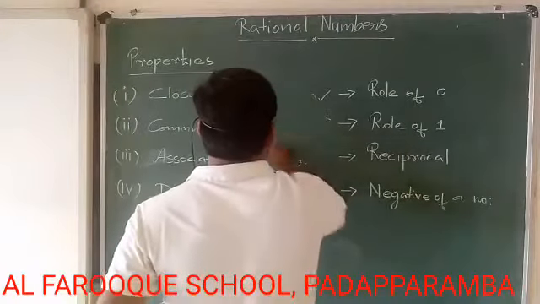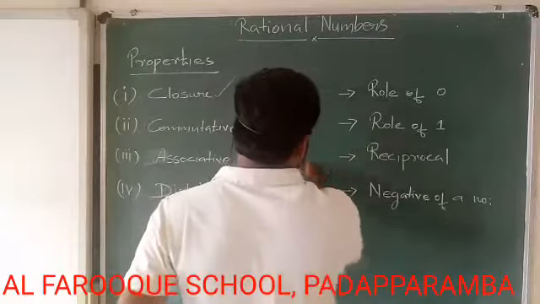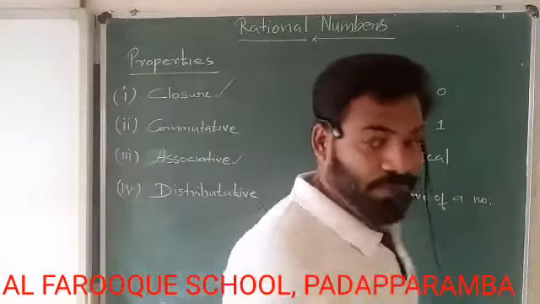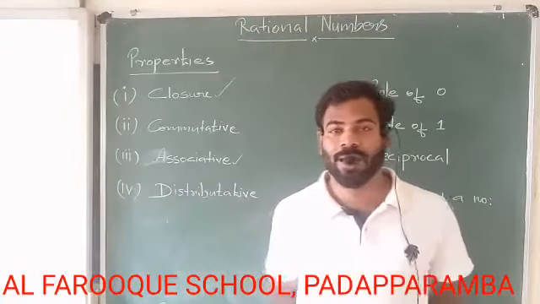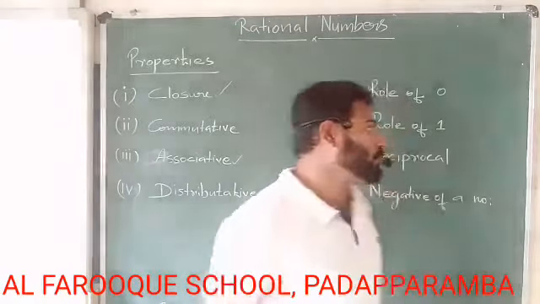In order to explain the associative property, we have to consider minimum 3 numbers and 2 operations.